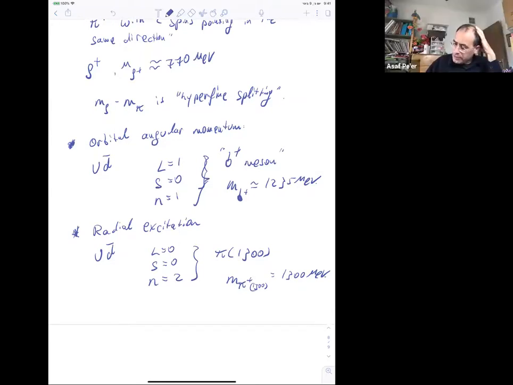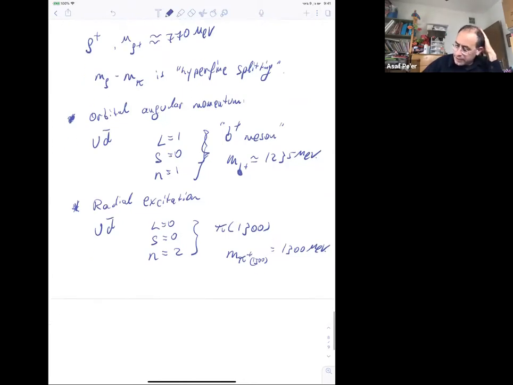Now, obviously, these excited states are much more massive, so they are being observed much less frequently than the ground states. Often they are being ignored, at least today, but historically they did play an important role in producing the quark model.